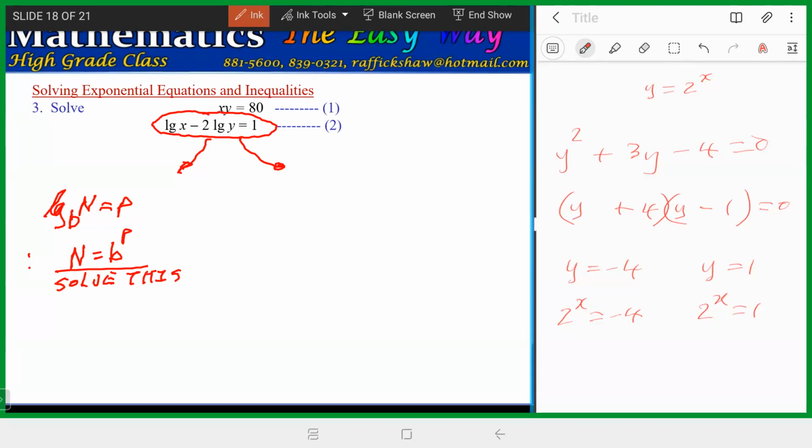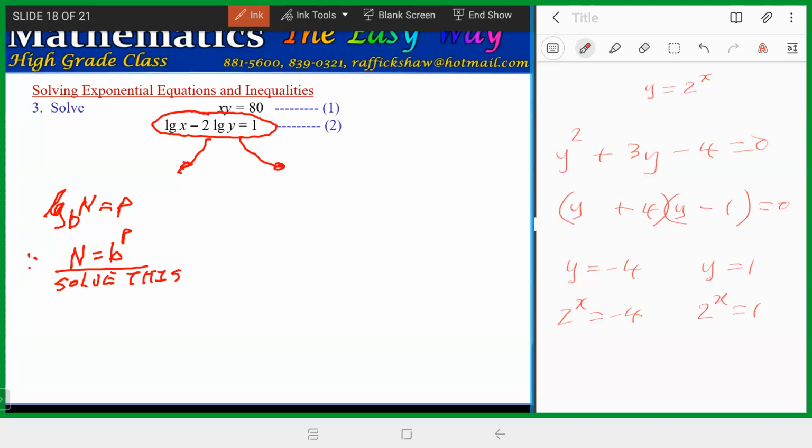This is your aim: to simplify it down to this on the left side. Then you go from the definition of the logs to the second thing that I have underlined, and that's what you solve.